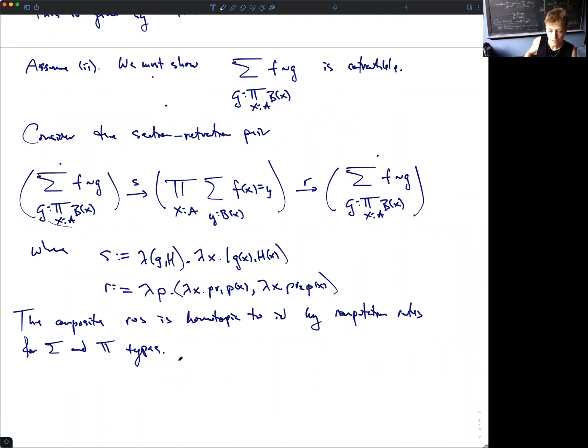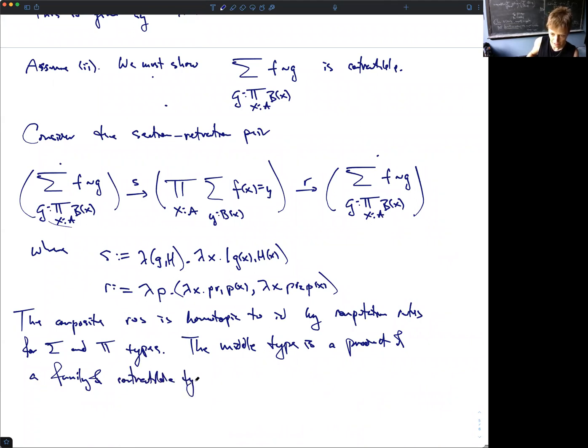But what have we done? The middle type is a product of a family of contractible types.